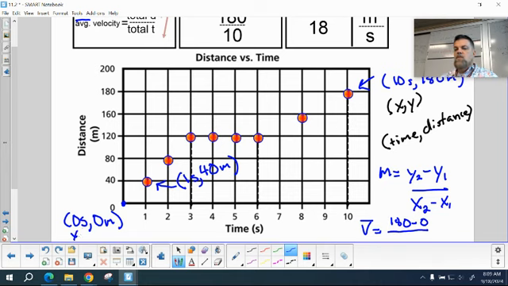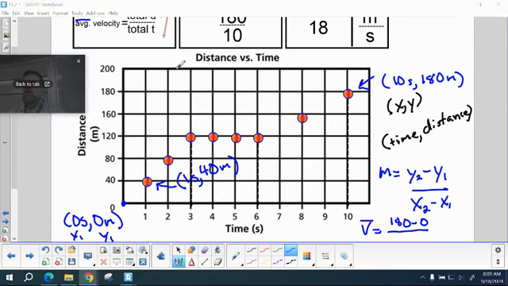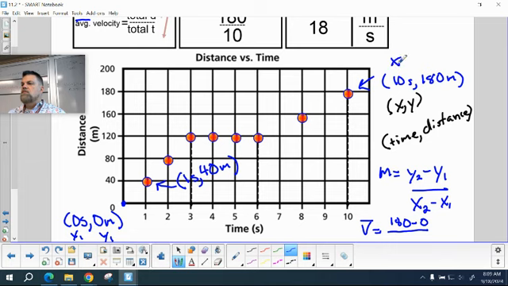This would be x sub 1, y sub 1, and this would be x sub 2, y sub 2.